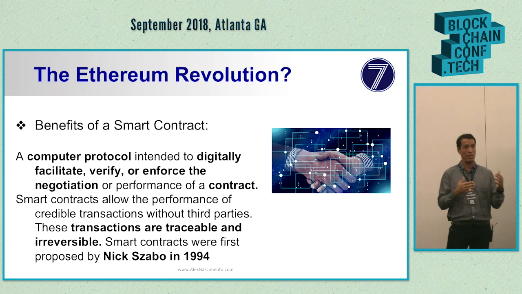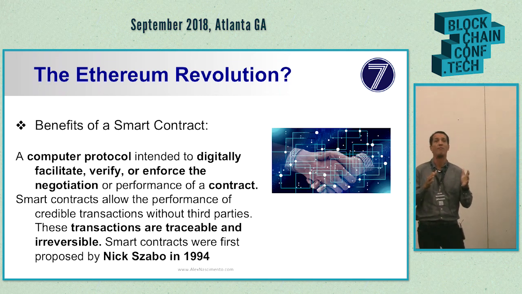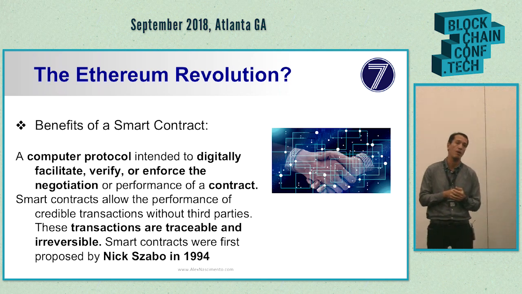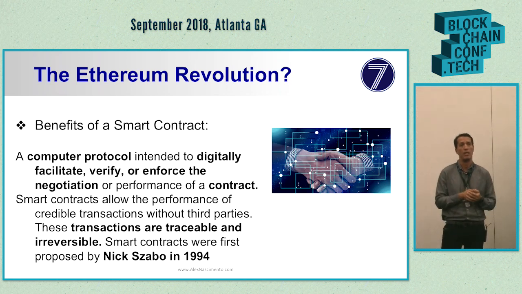So a lot of what's being done in an evolution is that you have a smart contract which is immutable code, but you also have a picture or an image of that contract on the blockchain so that if there is a discrepancy between what I did and what you wanted me to do, then a mediator or a judge could go and read that image and it would be treated as a legal document.